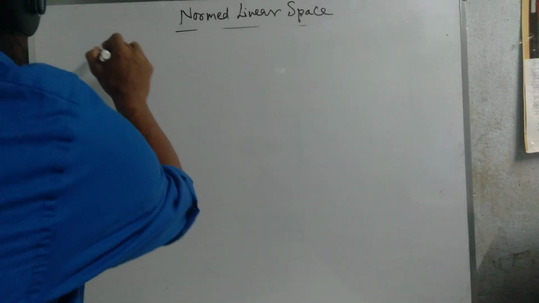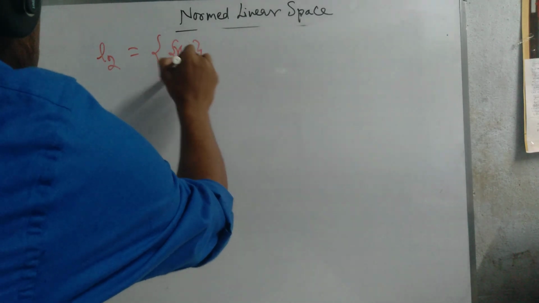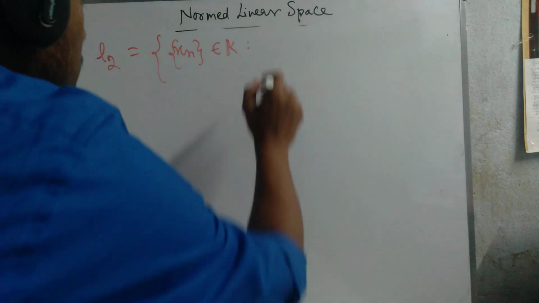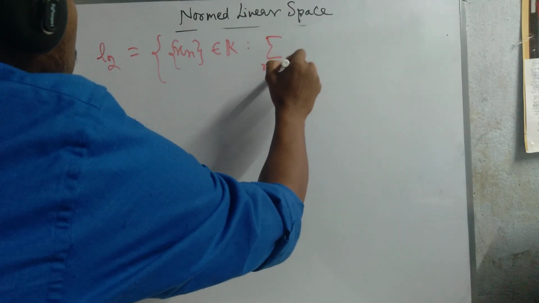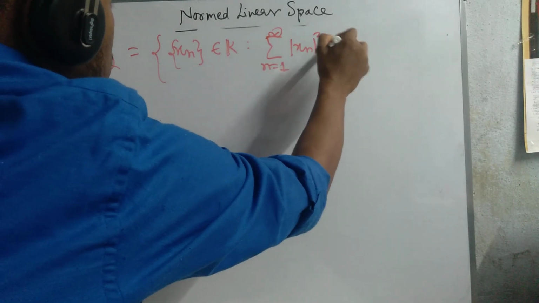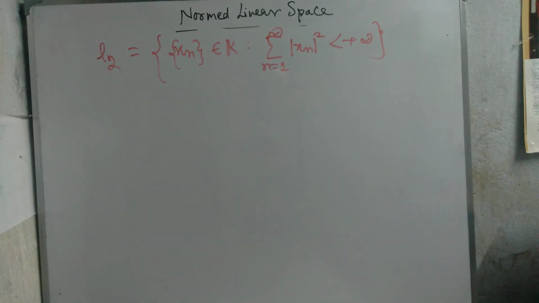Here we write L2 equal to those xn belonging to K such that summation n equal to 1 to infinity norm of xn square is less than plus infinity. Then we also check whether L2 is a linear space or not.